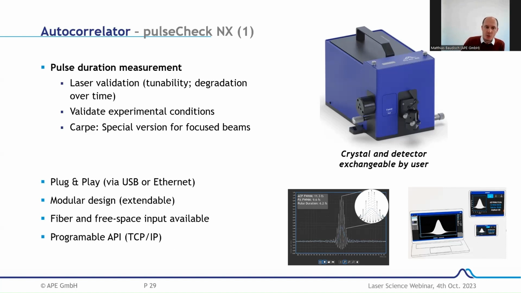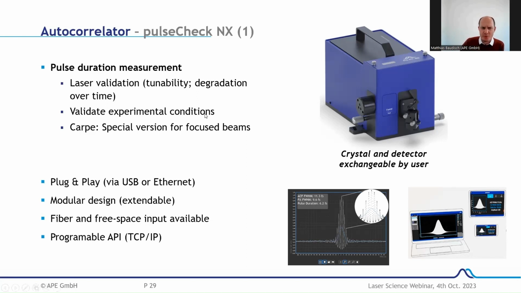You don't necessarily see it in the average power, which is a parameter that is very easy to measure from the ultrafast laser. To validate your experimental conditions, especially when the peak power is very important for experiments, it's from my perspective important to know what you're actually using to drive your experiments.